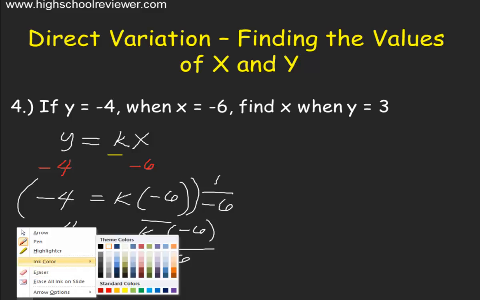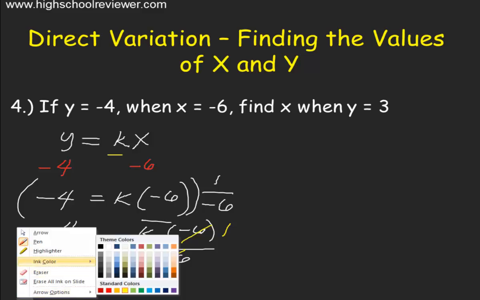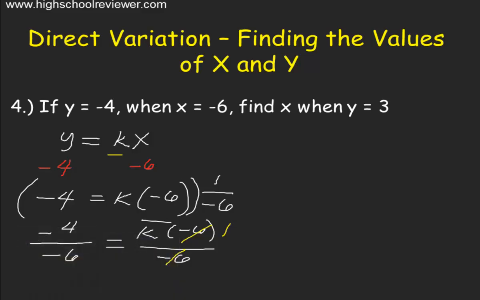Negative 6 divided by negative 6 is positive 1, and negative 4 divided by negative 6 is positive 2 over 3. And this is equal to 1 times k, which is k.